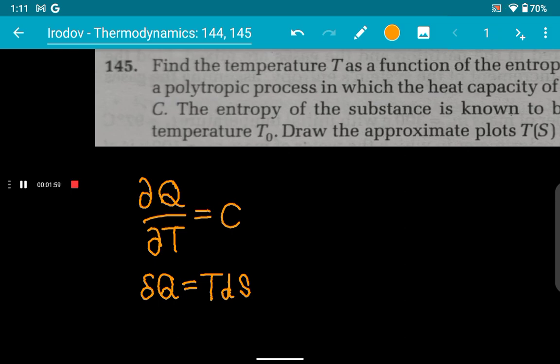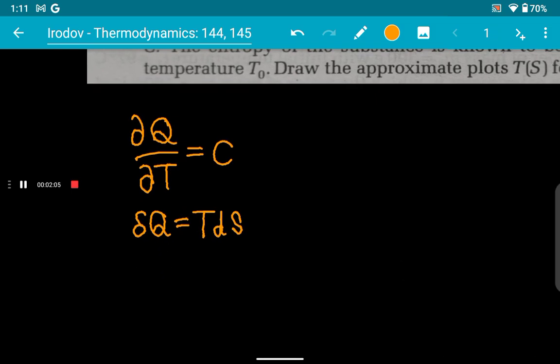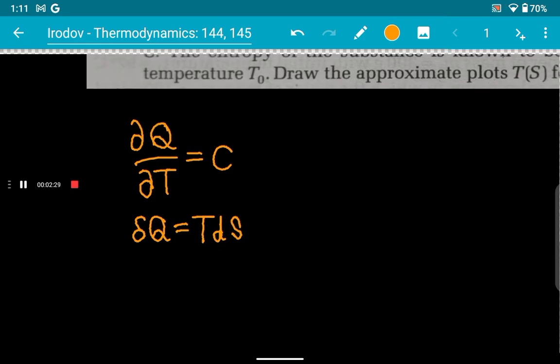Because Q is a path function. So just note that I have written delta beside Q and d beside S. That's basically because Q is a path function and it's not a state function. So for changes in path functions in thermodynamics, we usually write delta, and for changes in state functions, we write d.